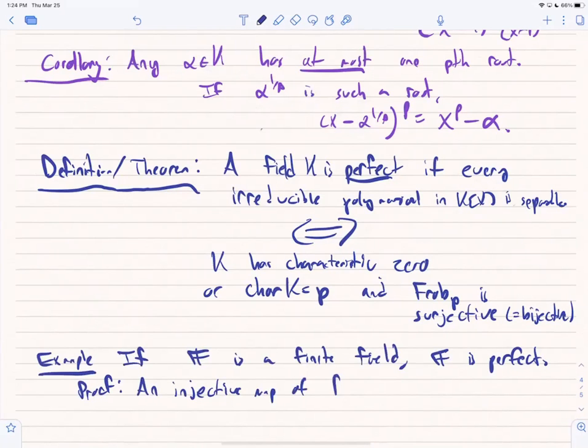So the Frobenius is always injective, and so it's in particular a map of sets, an injective map from a finite set to itself. So an injective map from a finite set to itself is bijective.